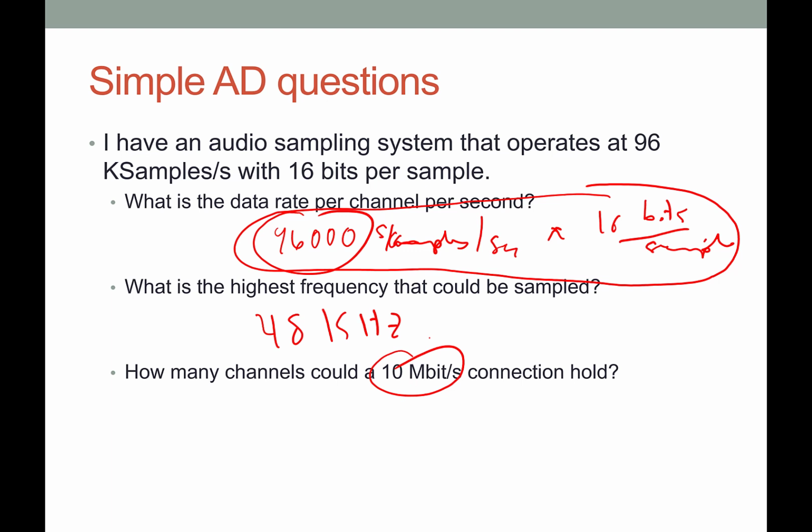So we'd have to take how many megabits per second that is. Let me make sure I do it right in my calculator. So 96,000 samples per second times 16 bits.